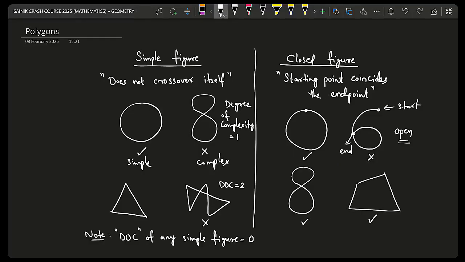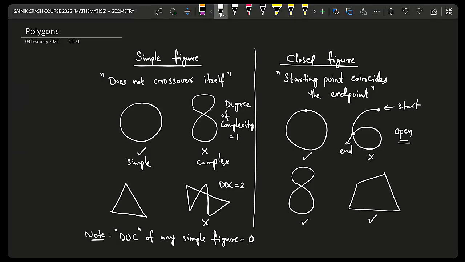Arush, what's your doubt? Sir, I didn't understand closed figure. Closed figure, just now I told you. If the starting point and end points are coinciding, then it is a closed figure. If they are different points, then it is an open figure. That's it.